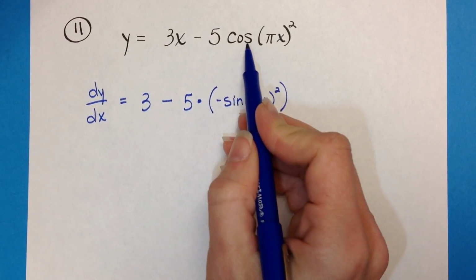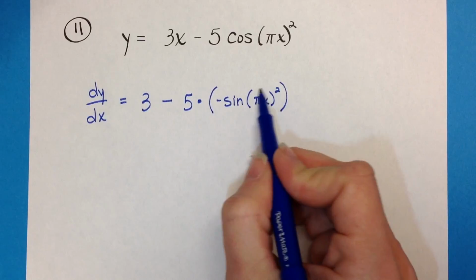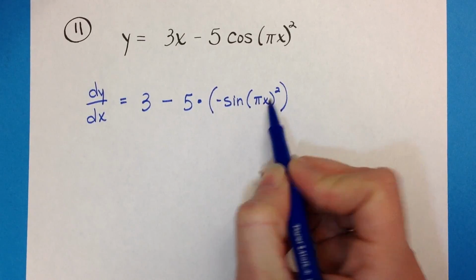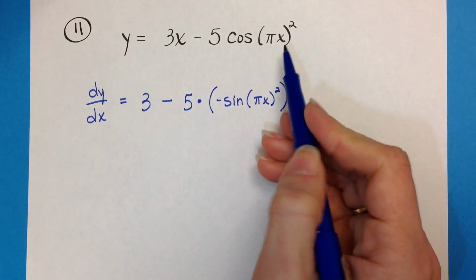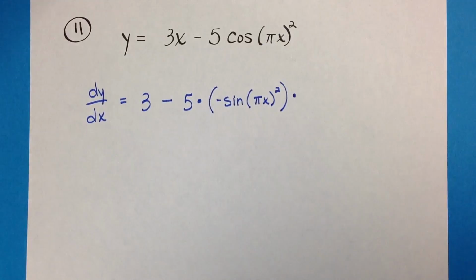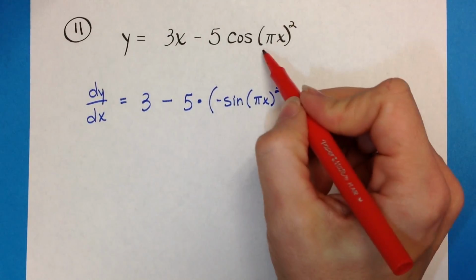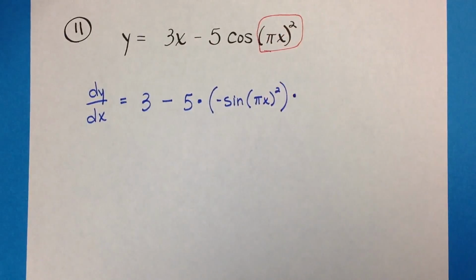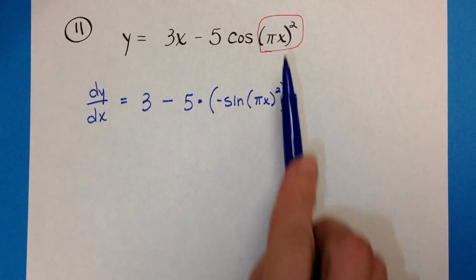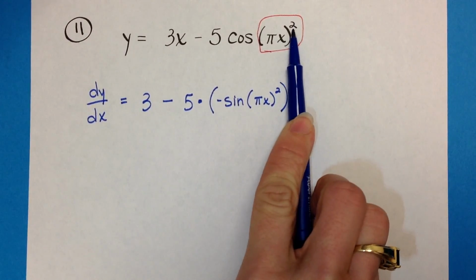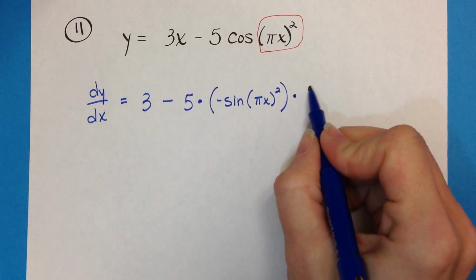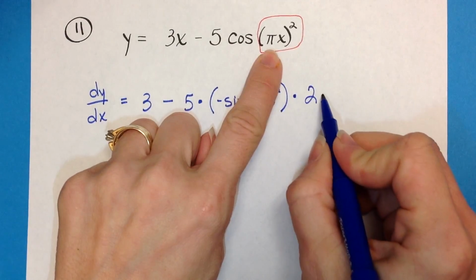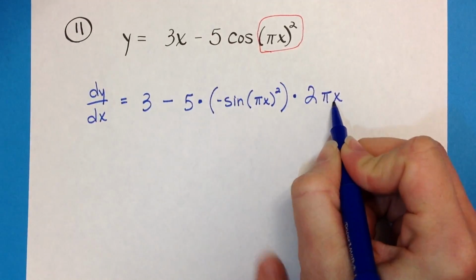Okay, now remember, when you take the derivative of the trig function, the argument portion of it stays the same. Now, you've got to take the derivative of the argument. Okay, so like this is your argument. So when you start to take the derivative of this, now you start with your power rule, and you're going to have 2 times the function, which is the pi x.